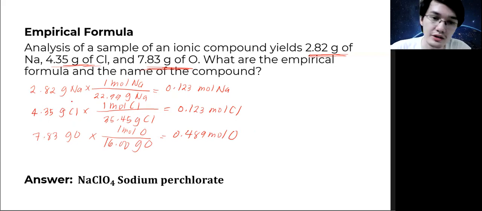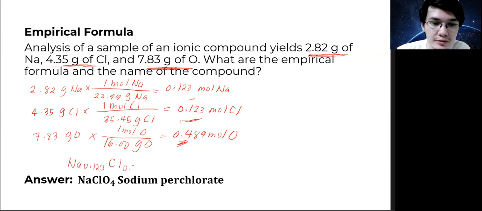Then we make use of these values as the subscript of the empirical formula. So sodium 0.123, chlorine 0.123, then oxygen 0.489.